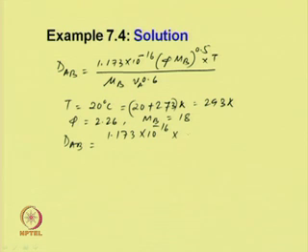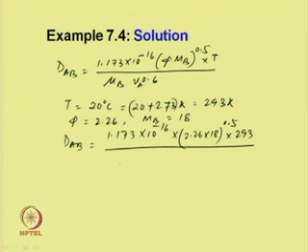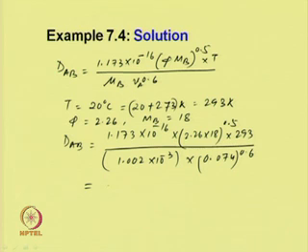So, substituting 2.26 into 18 to the power 0.5 into 293 divided by viscosity, which is given 1.002 into 10 to the power minus 3, multiplied by the molar volume, which is given 0.074, to the power 0.6. This will give 1.04 into 10 to the power minus 9 meter square per second.